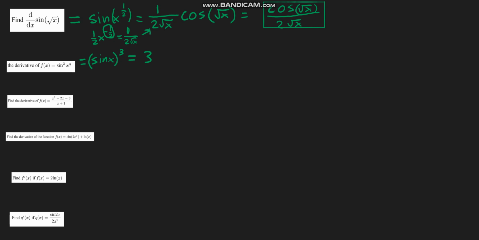So if you do 3 sine, or sorry, not cubed, it is squared x, and then we have to multiply by the derivative of the inside of the parentheses, which is cosine x. So this is actually your final answer.